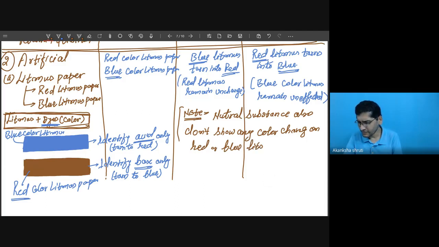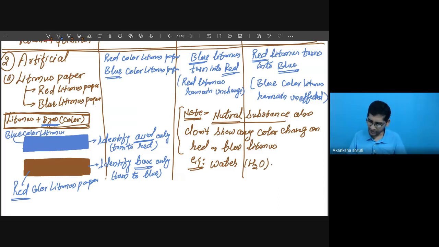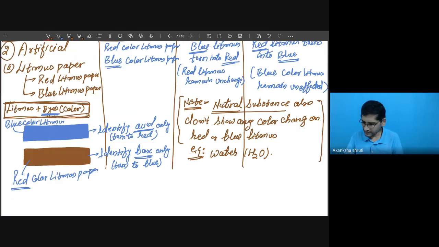So student, whether you are taking the red litmus or blue litmus, and you are dipping this litmus in a neutral substance, the best example is our water. This is H2O. If you are taking the water and you dip this red color litmus, it remains red. And in the same water, if you dip blue color litmus, it will remain blue.